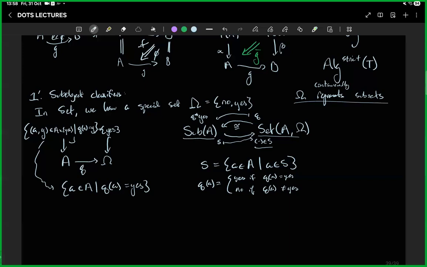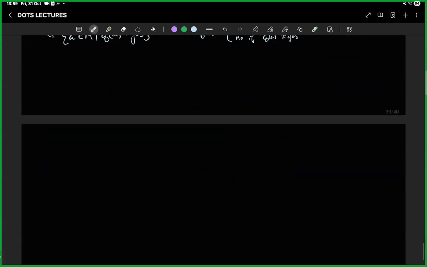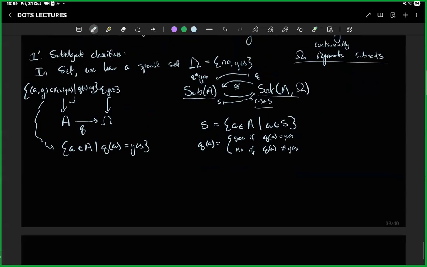Okay, as you can see, A is in a negative position here. It's a contravariant position, and here, well, it's not obvious which way subsets should vary, but we can take the inverse image. Okay. So now let's see that it's not just Set.